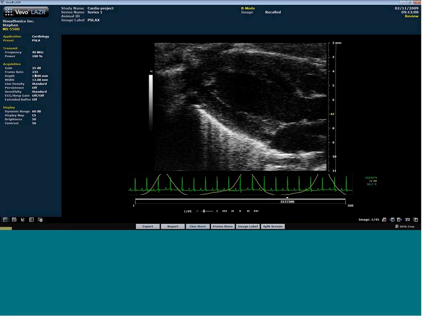So you never have to worry about that with mice, because the mouse images, again, were at higher frequency, the actual size of the image is smaller, the resolution is greater, so the frame rates tend to be quite a bit higher. However, when you go to rat cardio imaging, you're using that 21 megahertz probe again, so you end up with a much lower frame rate.